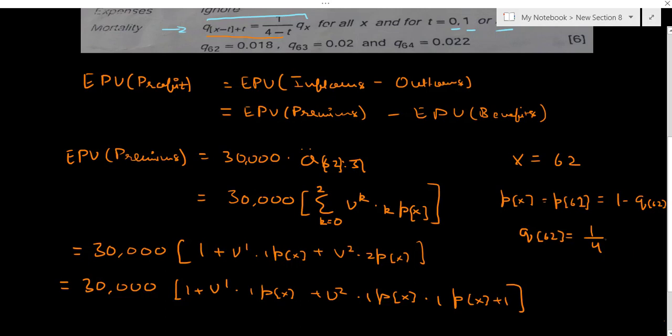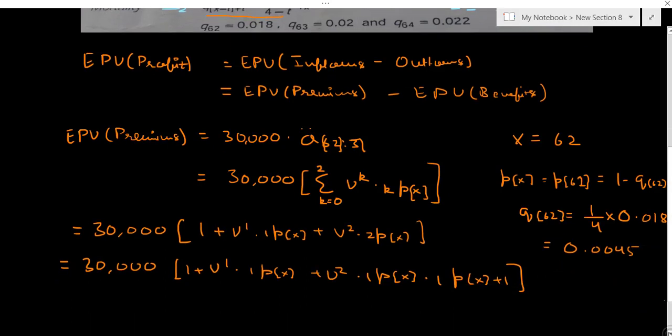So 1 upon 4 minus 0 is 1 by 4 into qx. So qx is q62, that is 0.018. So this just becomes 0.0045. So this is the value of q62.